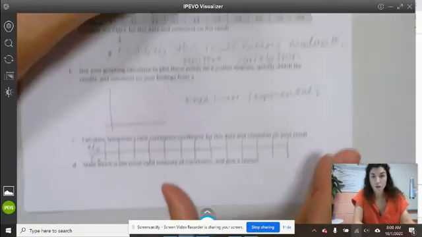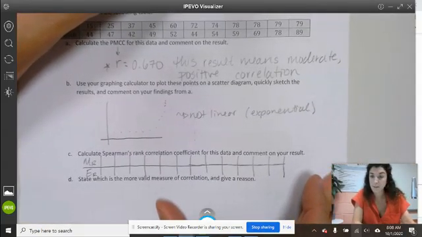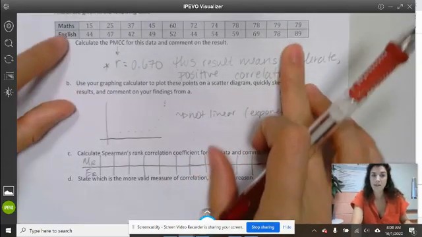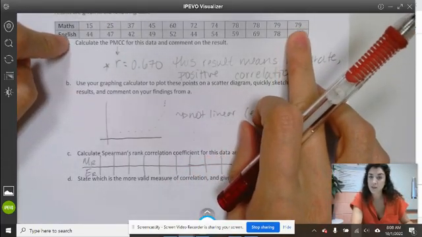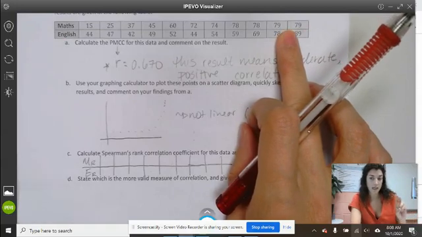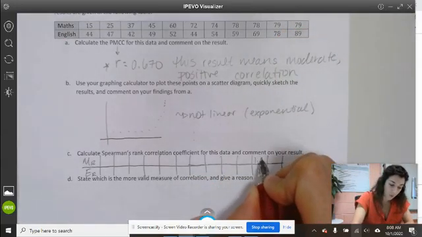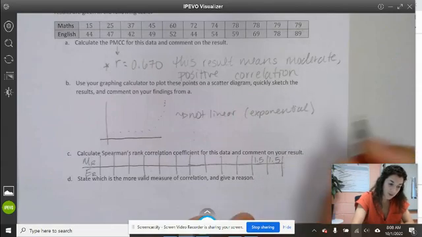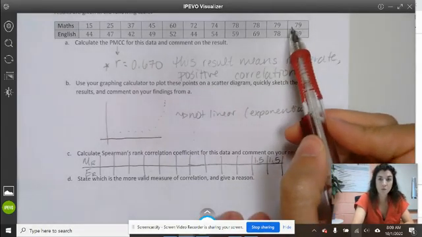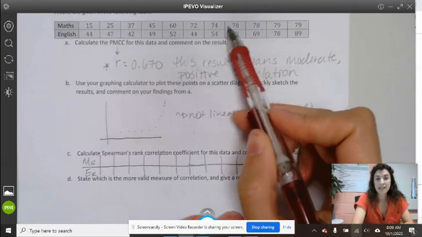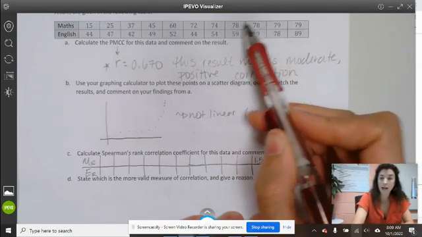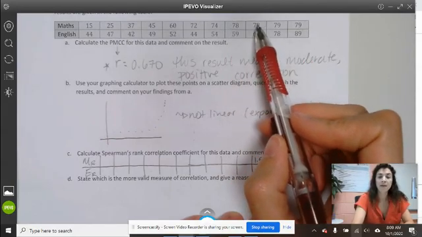79 and 79 are the two largest numbers that are in the maths slot. Since they share the first and the second rank, we have to average 1 and 2 out, and that means that we have 1.5 for both of those. And then, since that was 1 and 2, 78 and 78 then tie for third and fourth place.